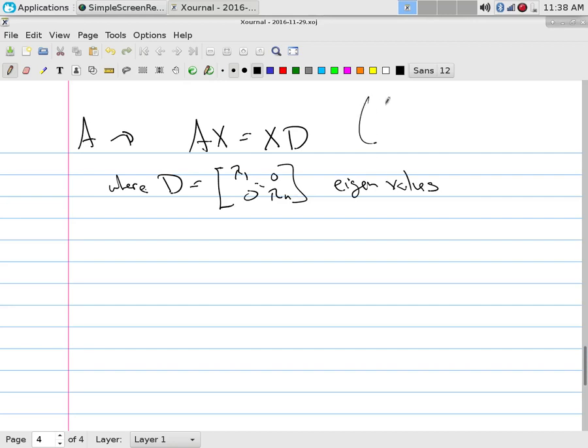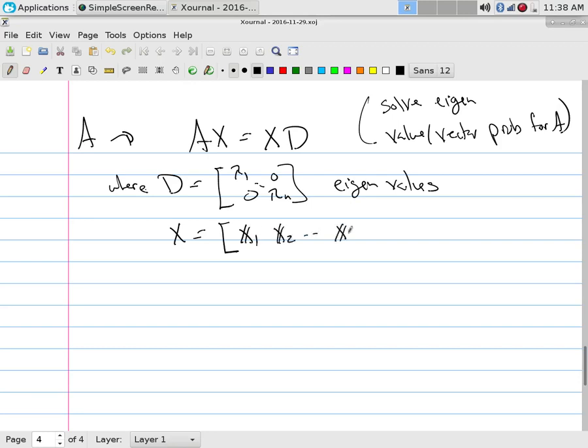So this becomes: solve the eigenvalue vector problem for A. We can stuff the D's here. We can stuff the X's here, which is x1, x2, up to xn, where each of these are the associated vectors with those particular values. If this is true, this particular thing happens.